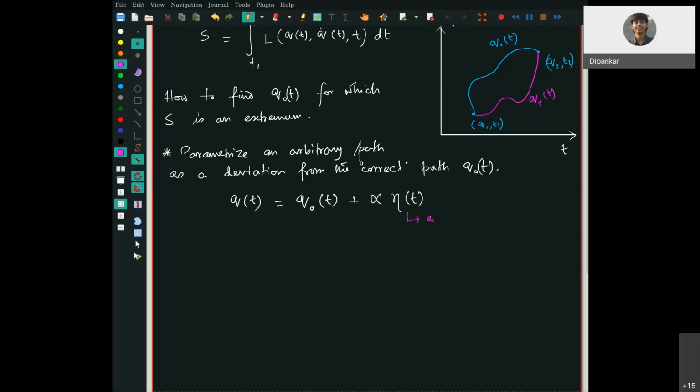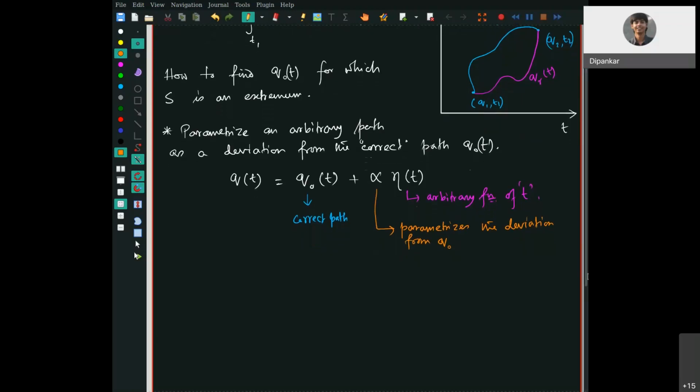Of course, this q0(t) is the correct path, and this alpha is a parameter that parameterizes the deviation from q0.